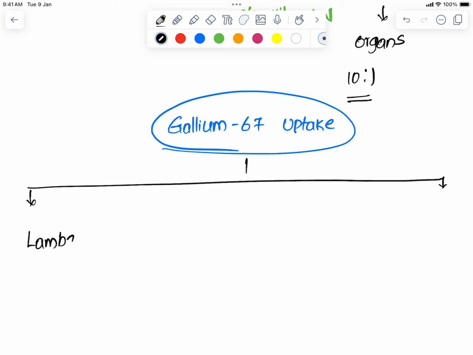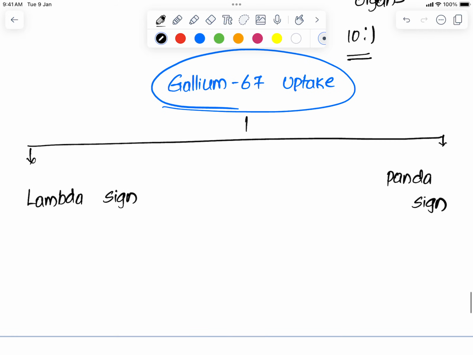One is the lambda sign, and the other one is the panda sign. So you take the lambda sign. Lambda sign is that where there will be bilateral hilar lymph node enlargement, right?